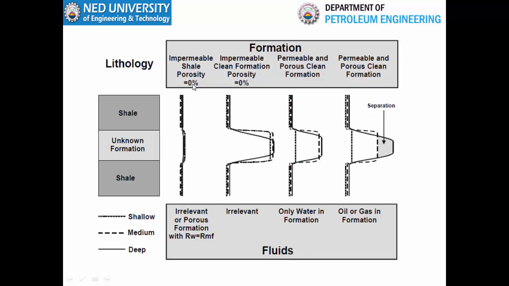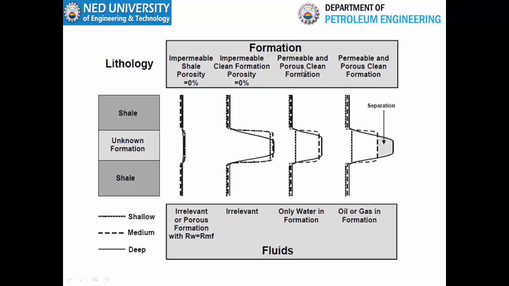This shale also has 0% porosity, but we will see in the coming slides that shale has low resistivity because the shale structure is conductive. Shale conducts electricity through its structure. So the three curves overlap at some lower value, and it is also possible that in this case Rw, the resistivity of formation water, is equal to Rmf.